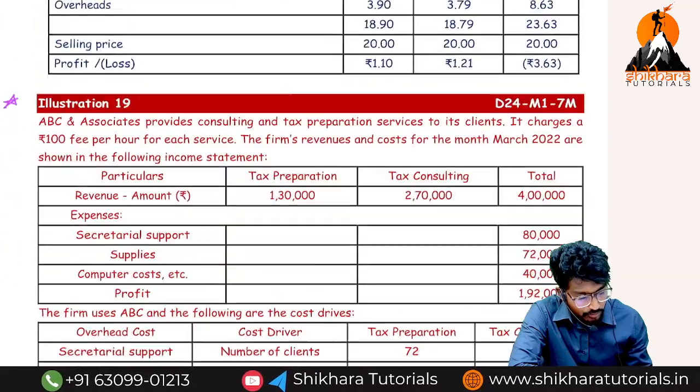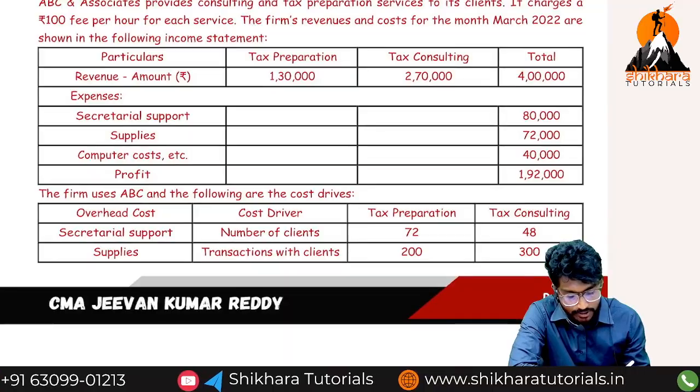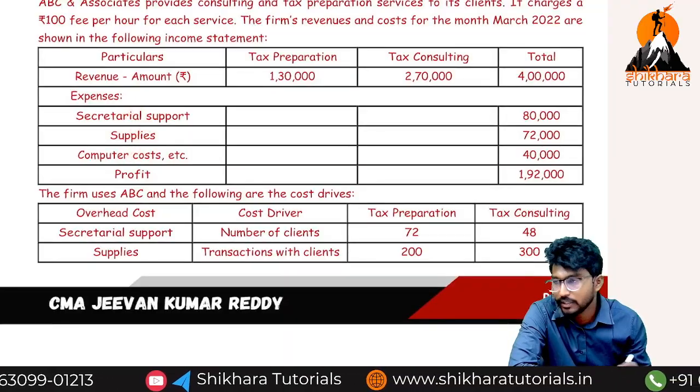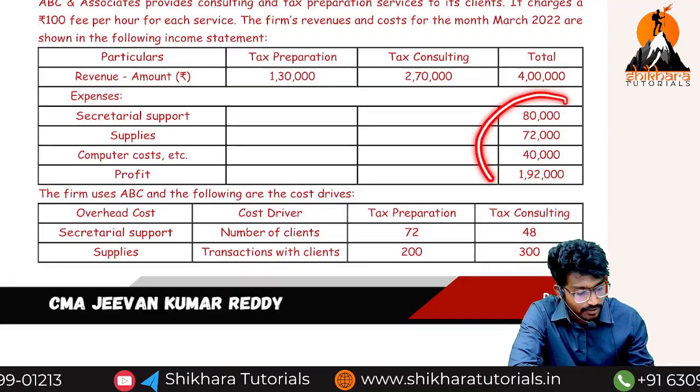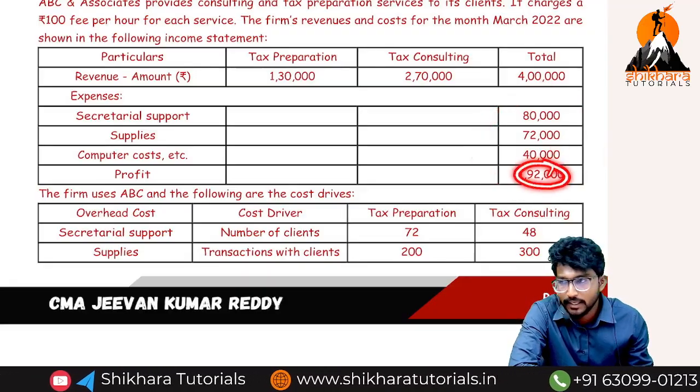What is the total cost we have? Here under traditional costing system, we won't consider this cost as separate cost. We will consider all these costs as one cost, that is overheads. How much is it? 1,92,000. That is 80,000 plus 72,000 plus 40,000.